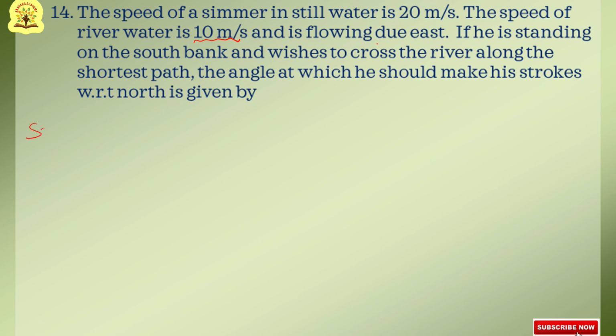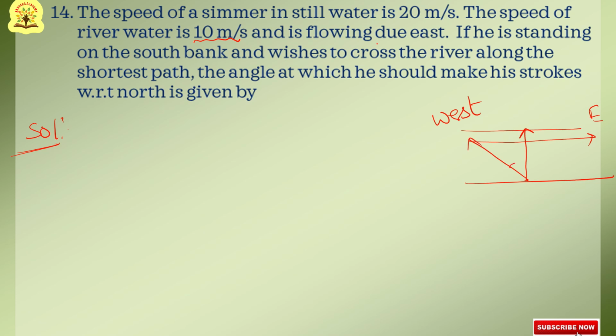Now let us go to the solution. Here for example this is a river we are taking, and it is east direction and it is west. Now we are taking, suppose, from point A to point B, due to the velocity of the river, making some angle, the velocity of man, assuming it is theta.